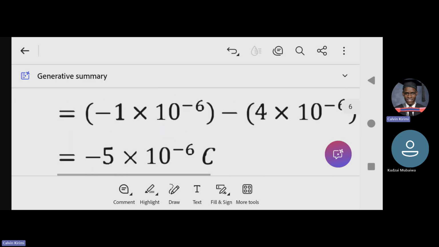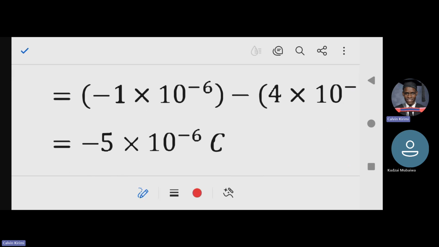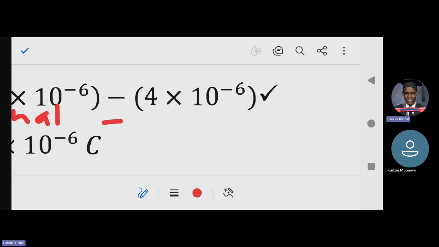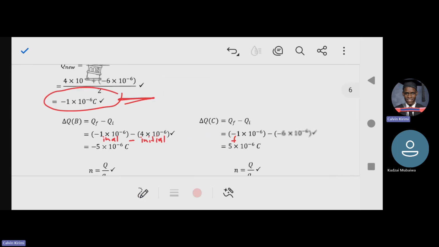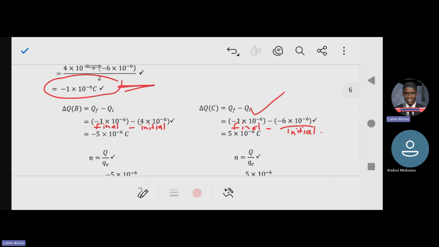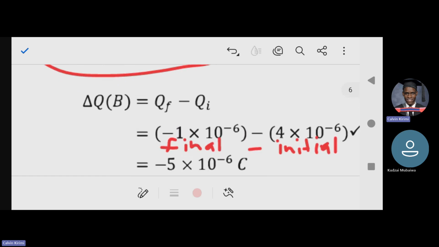This was the final charge after they touched each other, minus the initial before they were in contact. So that they find how much this one gained. What they are looking for is the change. This change in Q means the gain.